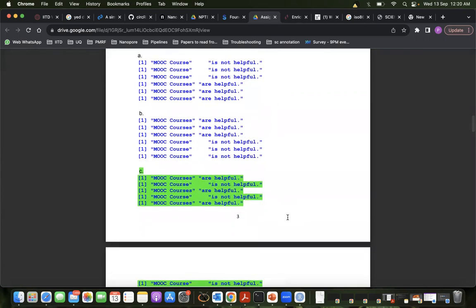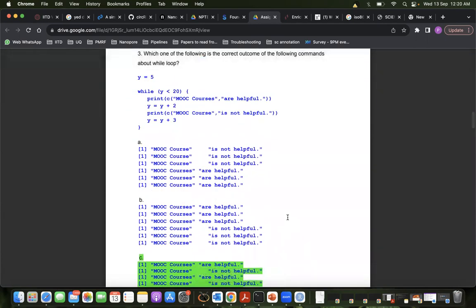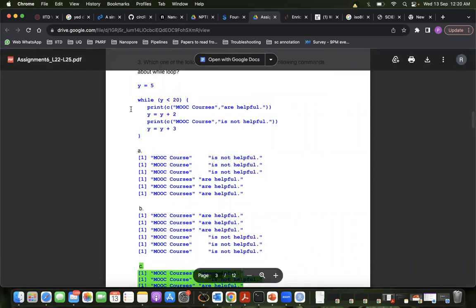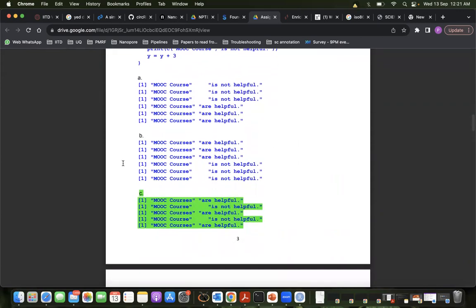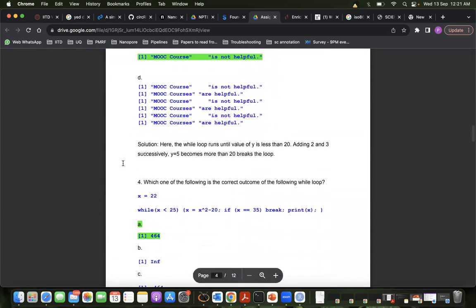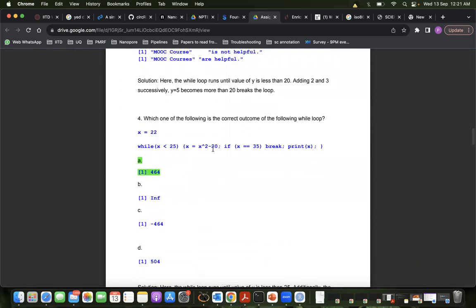The best way to decipher loops is to do it manually one by one. You start off with 5, you see one by one what is happening, you go up, see if the condition is still valid, do it a few times, and you will get the hang of it. Okay. All right.